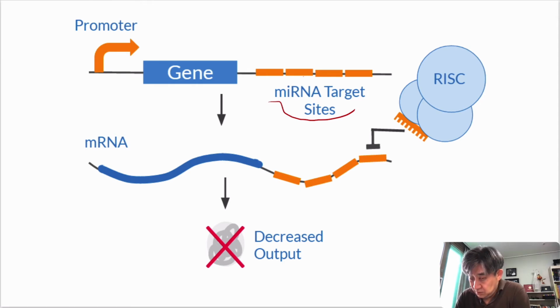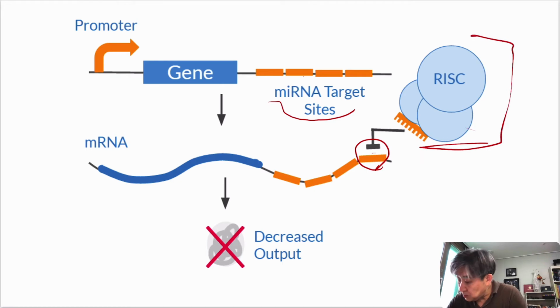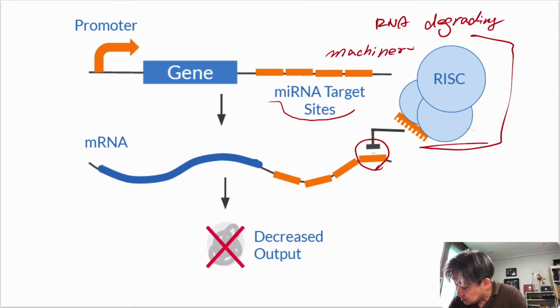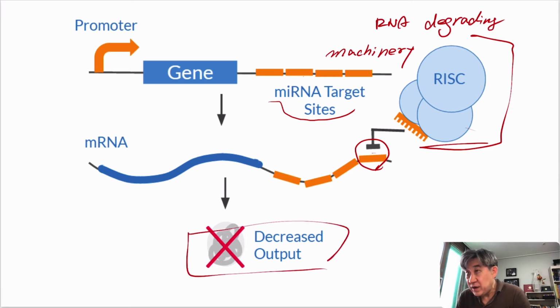So this we call a microRNA target site, and then the actual microRNA will hybridize over here, and that invites some RNA degrading machinery, and this whole RNA will be degraded.